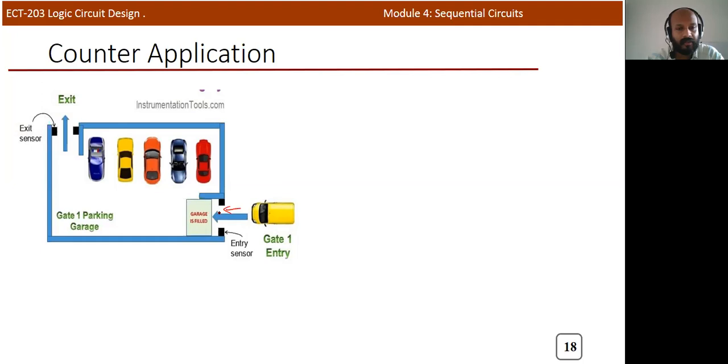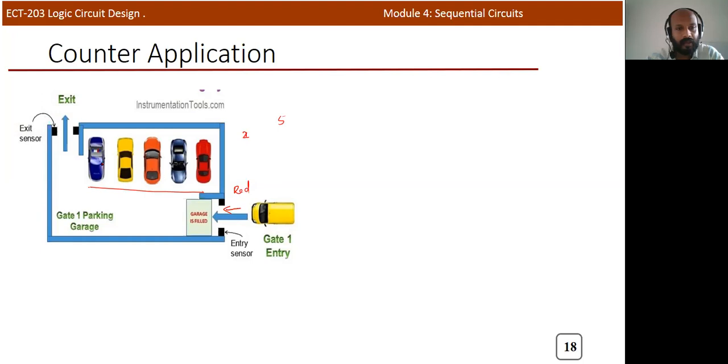When vehicles enter into the region, you need to count, like one. When the second vehicle comes, it should be two, and then 3, and when it reaches here, you can see that maximum it can accommodate maybe 5 cars. So when it reaches 5, you need to indicate a red light.